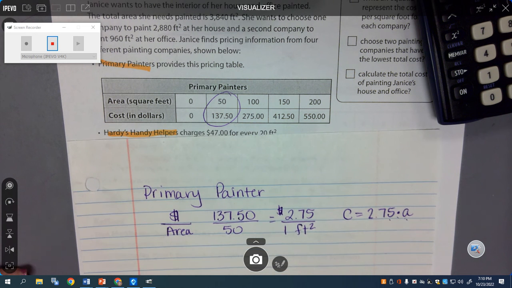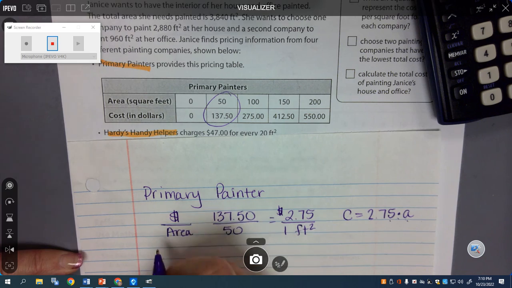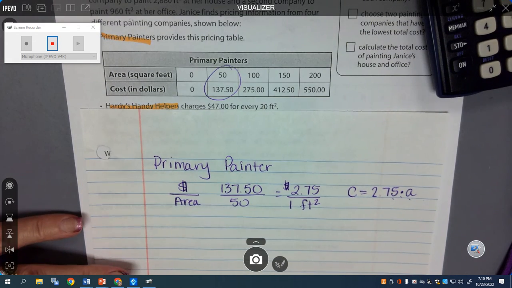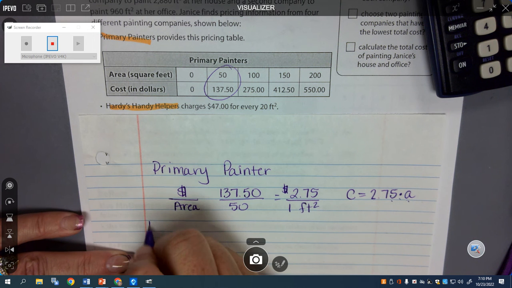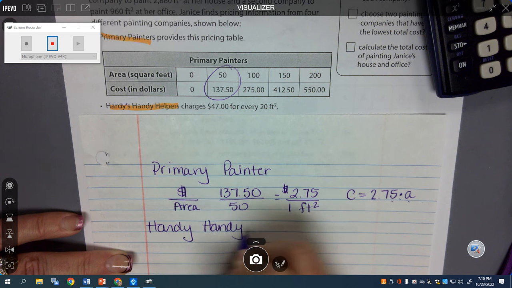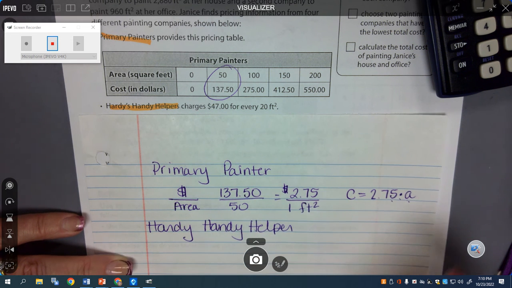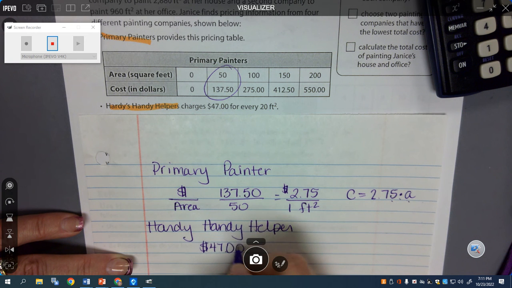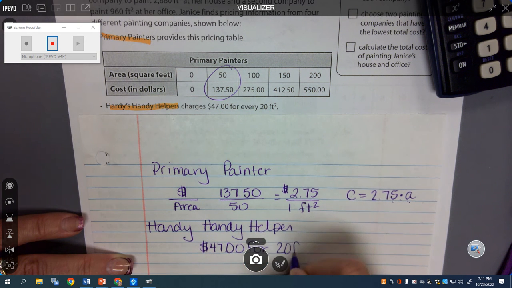All right, here's Hardy Handy Helpers. Can't even say that 5 times fast. They charge $47 for 20 square feet.